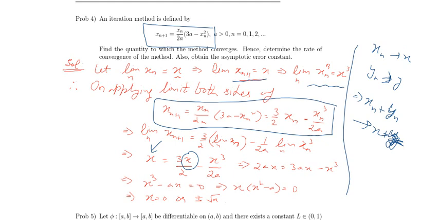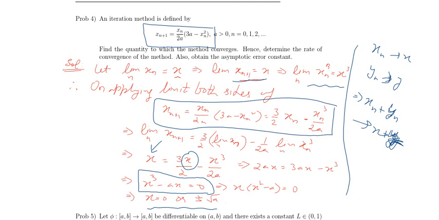Once you obtain this and solve it, it will give you the following equation: x cube minus ax equals 0, which if you further solve, gives either x equals 0 or x equals plus or minus square root of a.